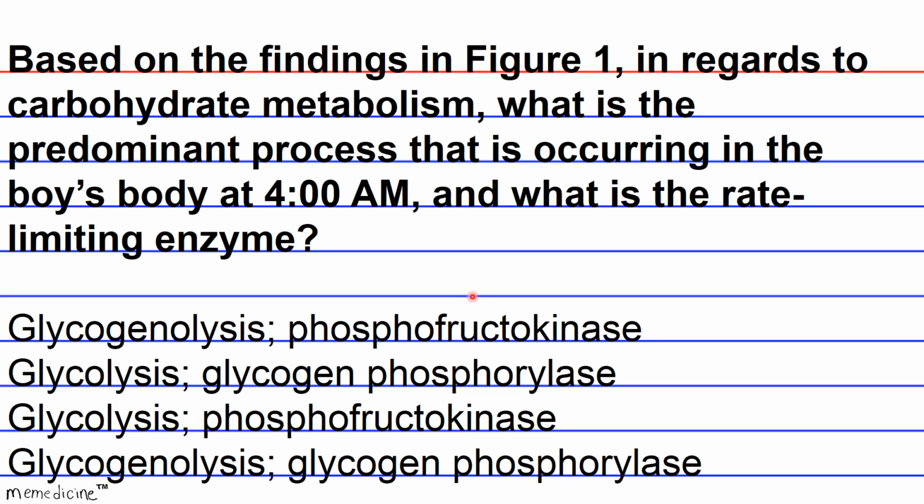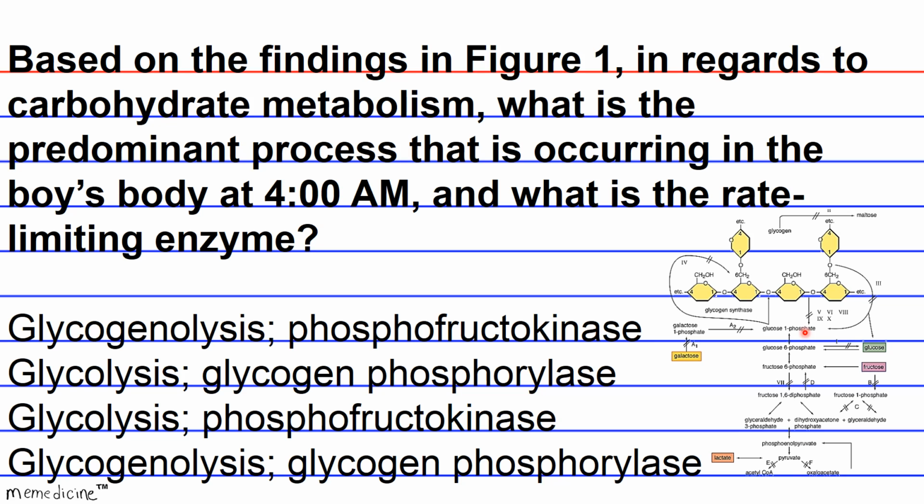Okay, so let's break this down. At 4 a.m., the boy is in a fasting post-absorptive metabolic state, and during fasting, the liver breaks down glycogen to produce glucose. So automatically, answer choices B and C are incorrect because glycogenolysis is going to be the predominant process occurring at 4 a.m., okay? The process of breaking down glycogen is what glycogenolysis is, and glycogen phosphorylase is going to be the rate-limiting enzyme of glycogenolysis, okay?